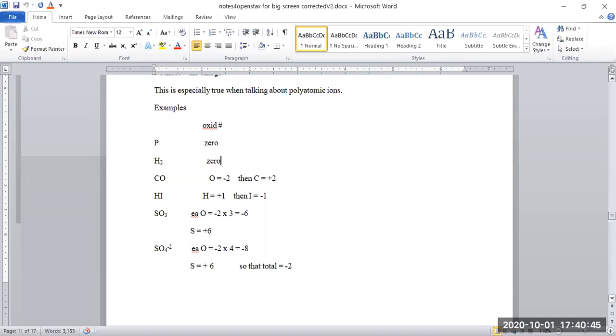Because this is a non-metal only molecule, your carbon has what may be viewed as a non-traditional charge. When we were just putting it into periodic table information, we kind of said, here's the most common charges, and we went 1, 2, 3, 4, 3, 2, 1, 0 as we went across the table, skipping all the transition metals. If you have 2 nonmetals stuck together in a molecule, generally speaking, the first one is assumed to be positive.